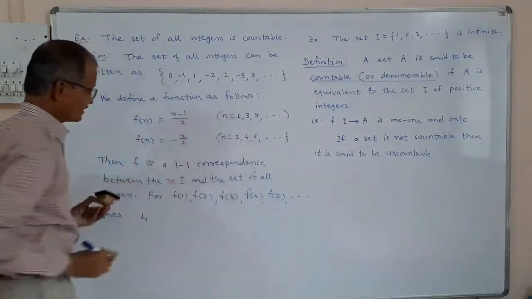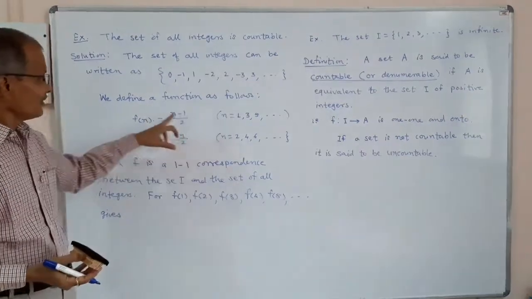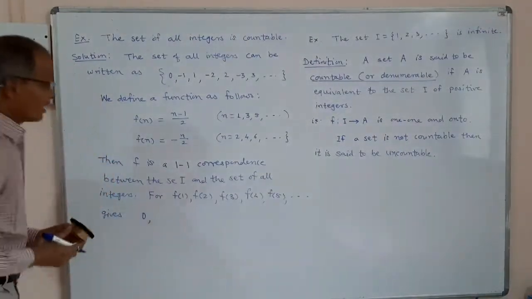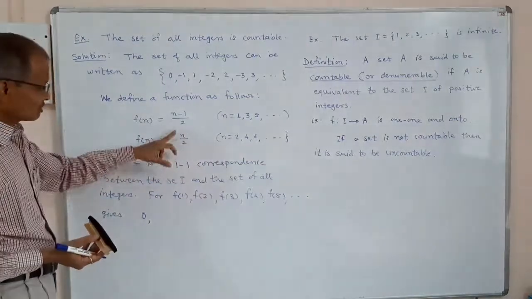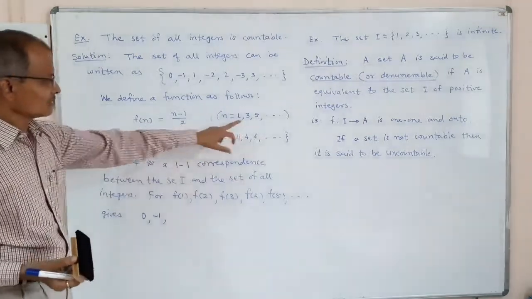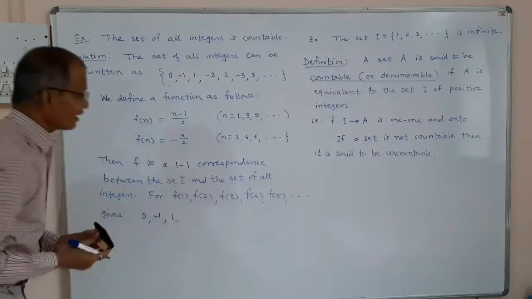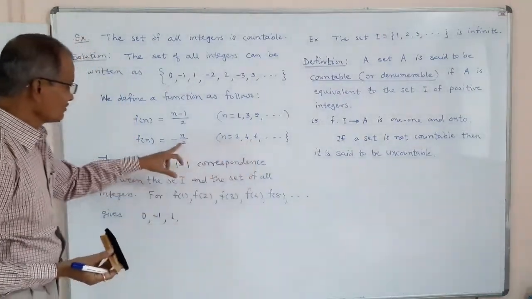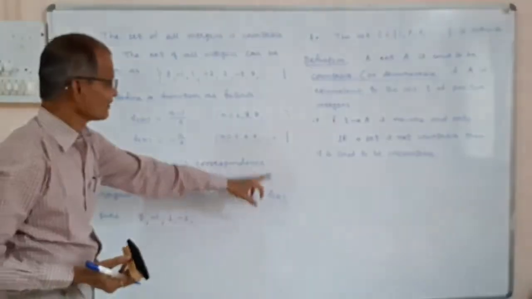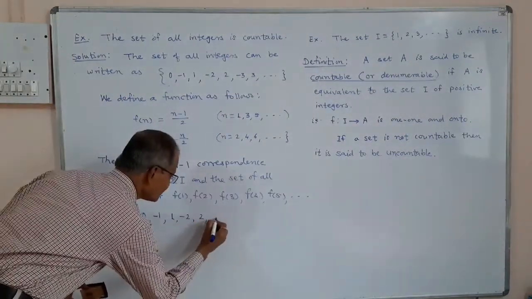Now check it. f of 1 is 1 minus 1 divided by 2, which is 0. f of 2 is minus 2 by 2, minus 1. f of 3 is 3 minus 1, that is 2 by 2, that is plus 1. f of 4 is minus 4 by 2, minus 2. f of 5 is 5 minus 1, 4 by 2, that is 2, and so on.